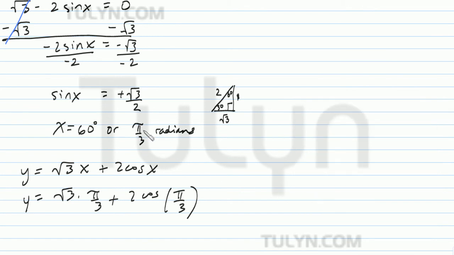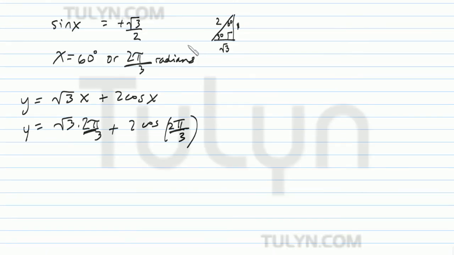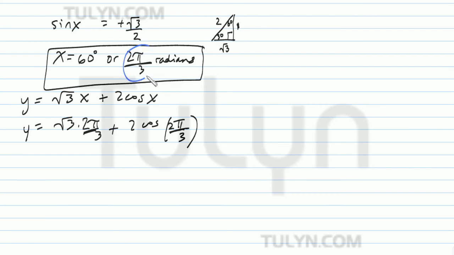Oh, I made a mistake. I forgot, it's 2 pi over 3 radians. So just go ahead and make sure that you make that change right here. That is 2 pi over 3 radians.